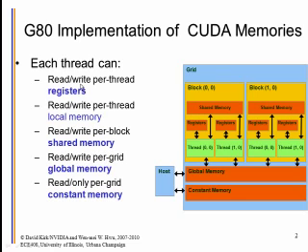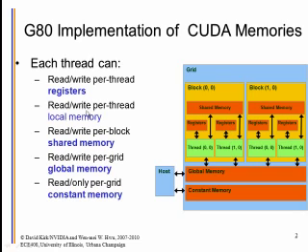Each thread can read and write per-thread registers. These registers belong to the thread, and only the thread can access the registers that belong to it.